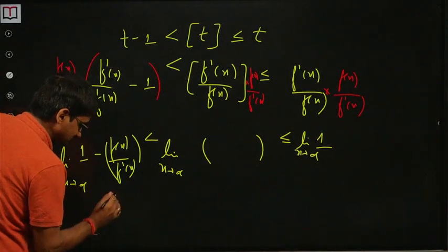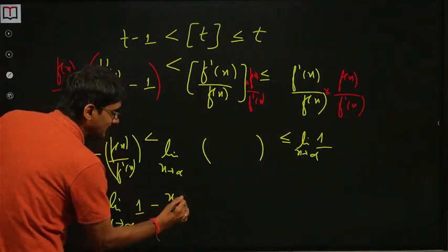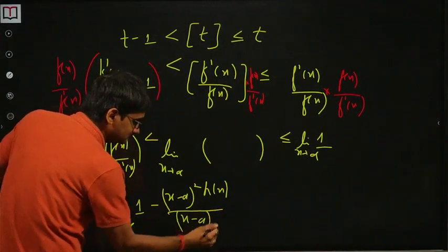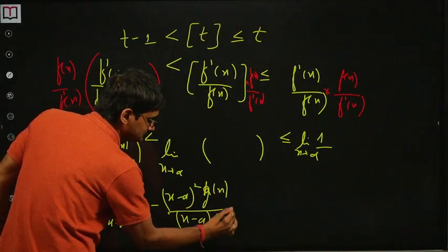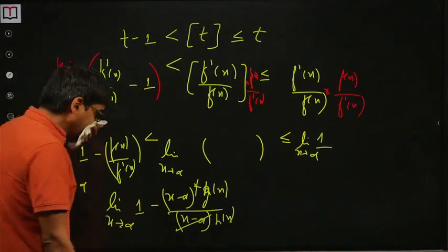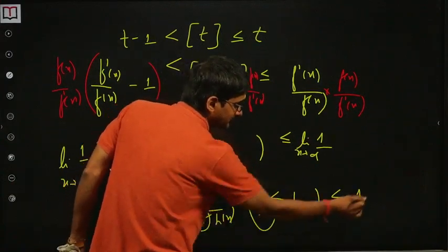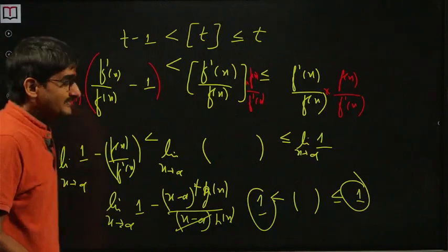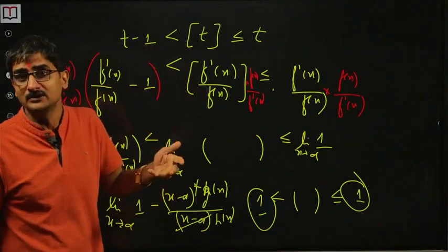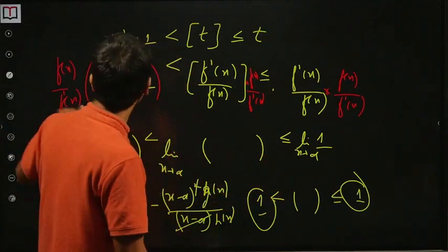So you will get limit x approaches alpha 1 minus x minus alpha whole square h of x upon x minus alpha h of x. As x goes to alpha, this is 0. So this lies between 1 and 1. So the limit on both the sides is same. That's what I said. If they are going to be same, it doesn't matter whether we have to reverse the sign here, I mean whether f(x) by f dash x is positive or negative. Okay, and hence we'll get the answer. So the answer should be 1.